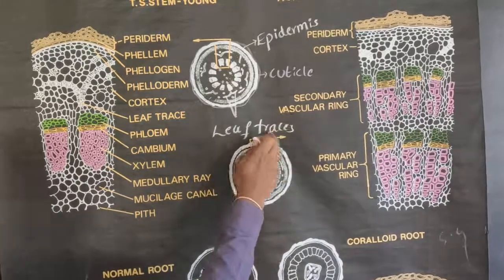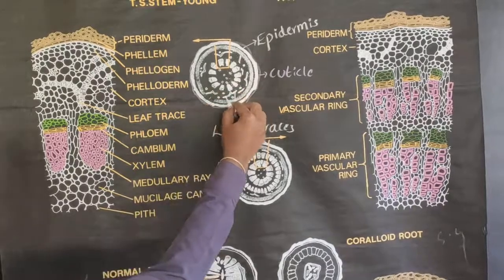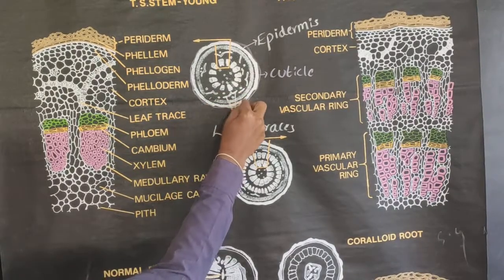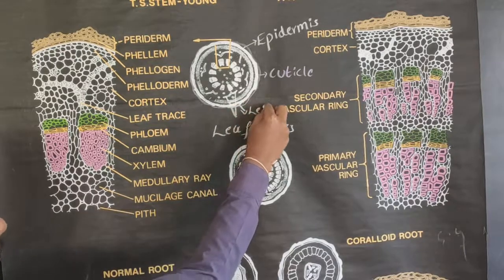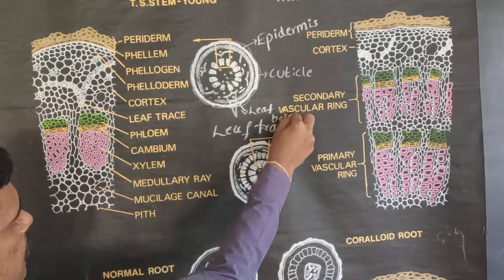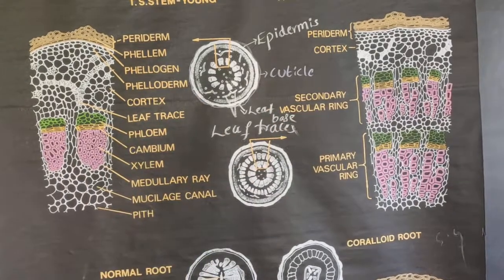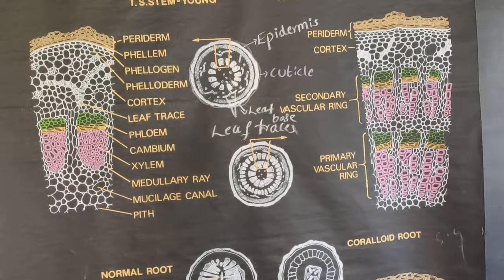Usually these leaf traces are present in the cortex region, and the leaf bases are present exactly opposite to the leaf traces. These leaf bases are nothing but remnants of leaves.